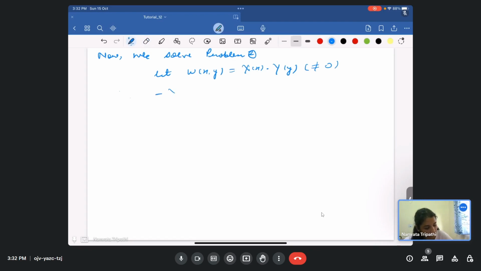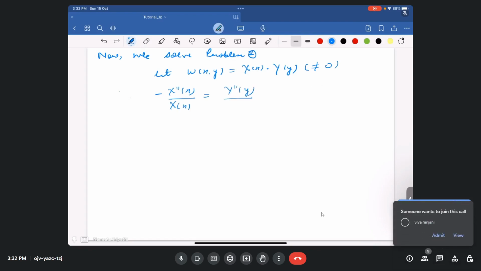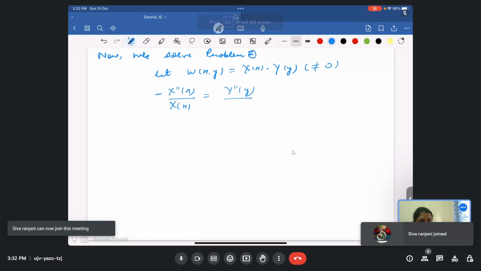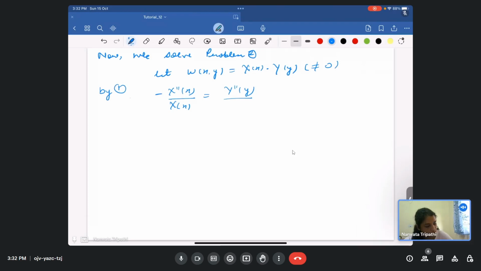Then again, similar to the problem 1, we will get so by equation 1, after substituting this expression, you will get some constant. Lambda is some constant.